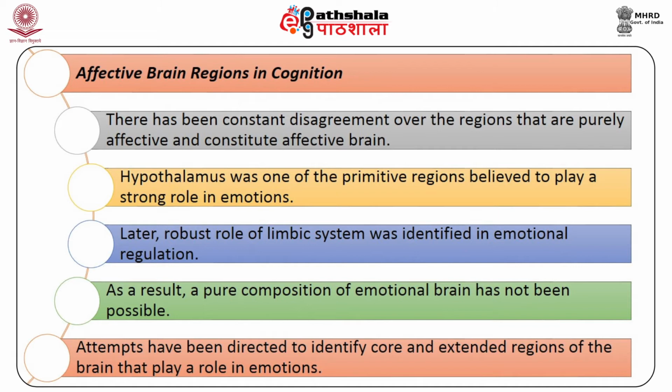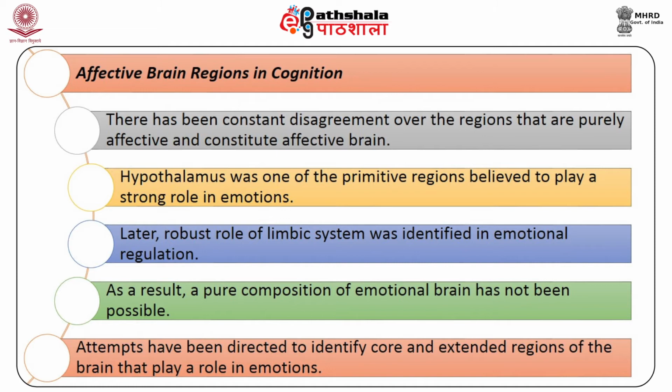However, the recent trends reveal that many areas in the limbic system, such as the hippocampus, were not found to be connected to emotions, and other areas which were observed to control emotions were not included in the limbic system, like the orbitoprefrontal cortex. As a result, a pure composition of the emotional brain has not been possible.